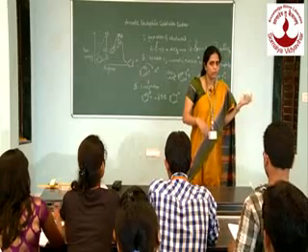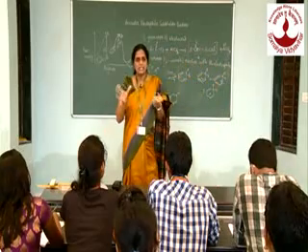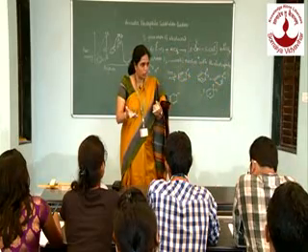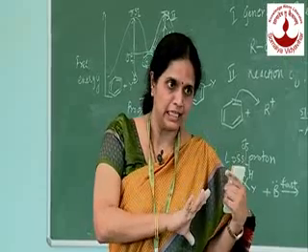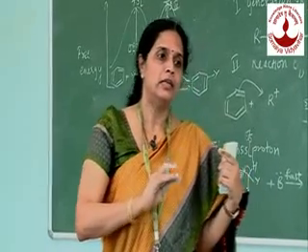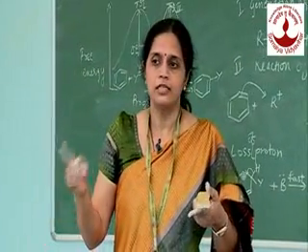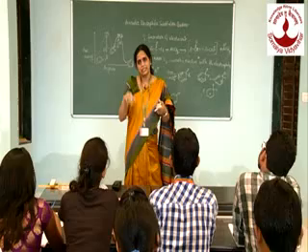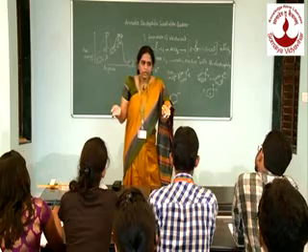If you want to prepare, let's say, N-propyl benzene, then you can start with propanoyl chloride. So you will get propanoyl benzene. And when you carry out a Clemmensen reduction reaction, the C=O group gets converted to CH2. So what do you get now?